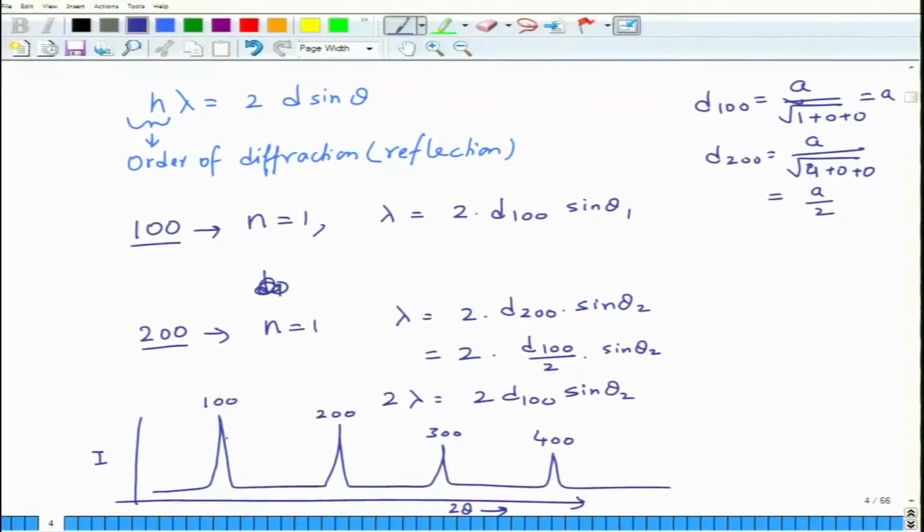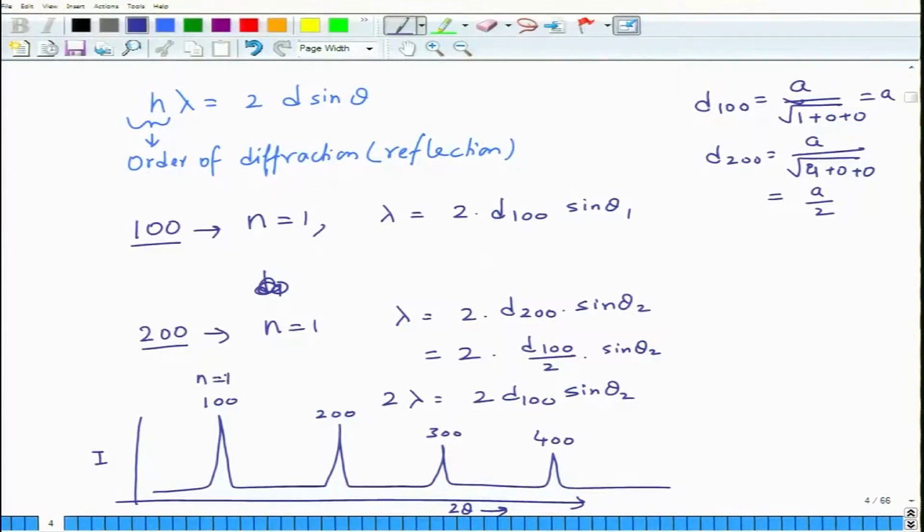You can call this as first order 100, this as first order 200, this as first order 300, this as first order 400, or alternatively you can say this is first order 100, this is second order 100, this is third order 100, and this is fourth order 100.